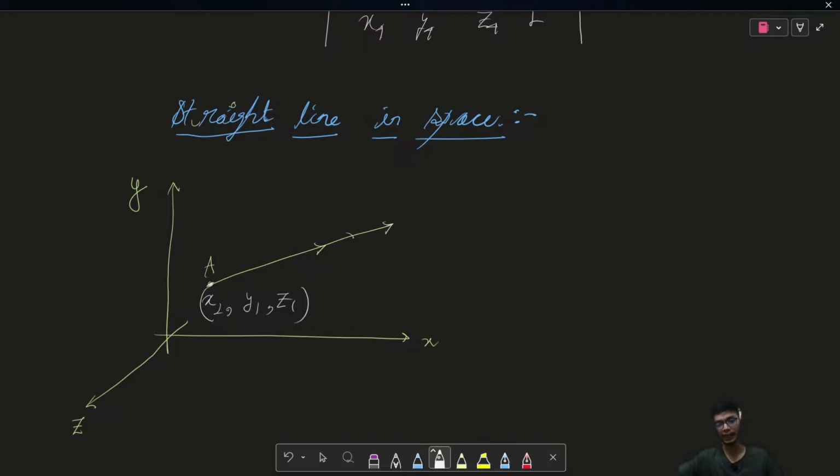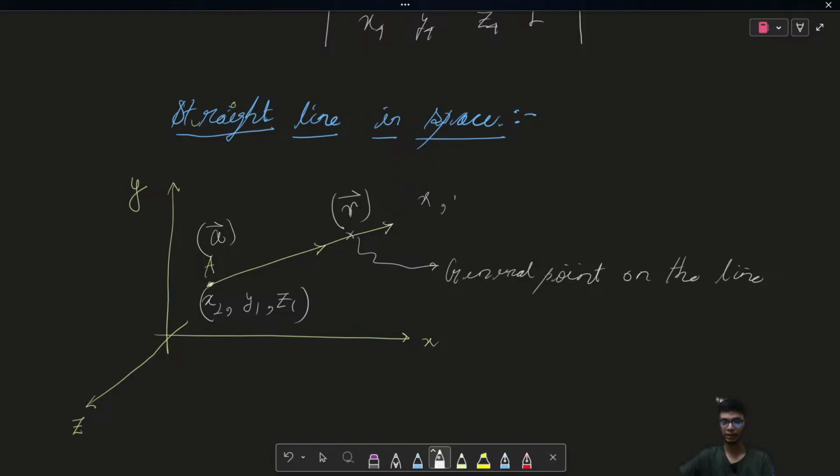And let us say I take any general point on this particular line, with position vector r. So this is any general point on the line, and I can give that point by some coordinates x, y, z, because it is a general or variable point, right?